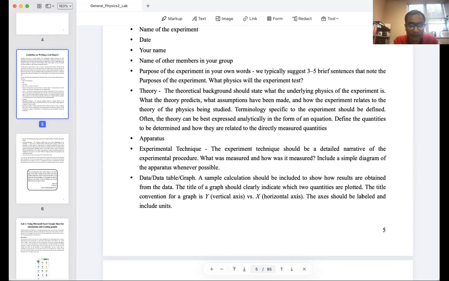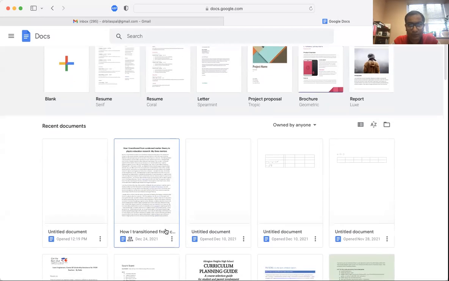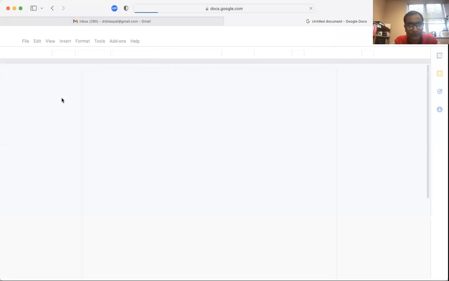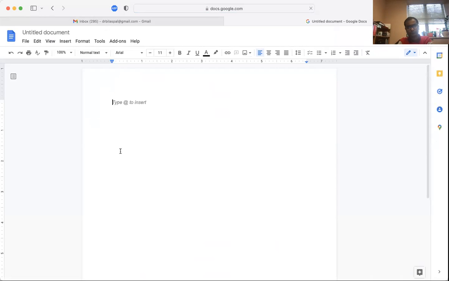To do that, I have to go to Google Documents. Let me choose a blank Google document. So it is something like this.